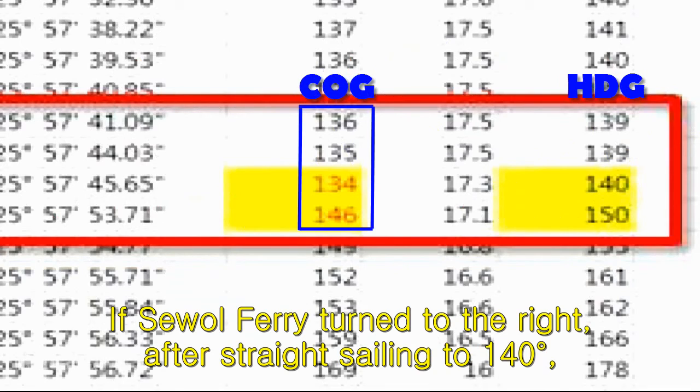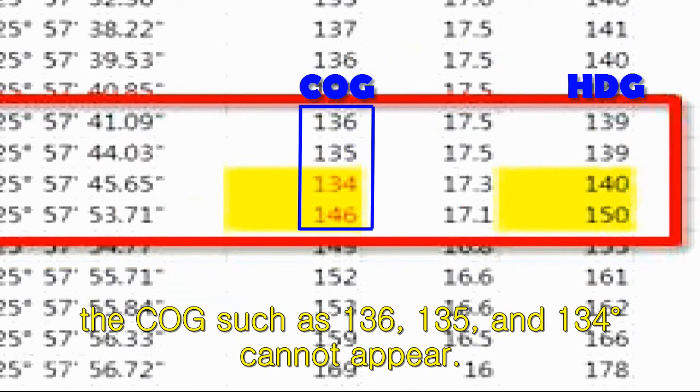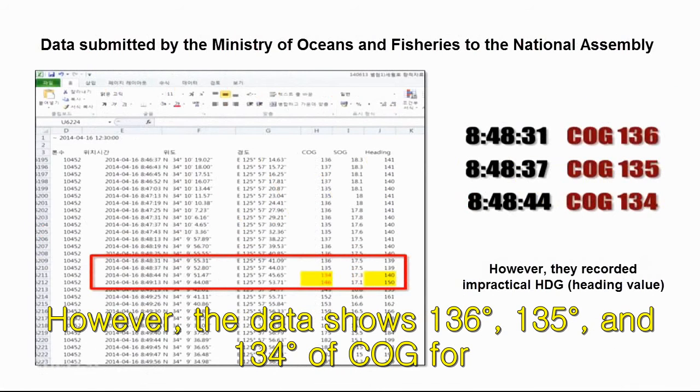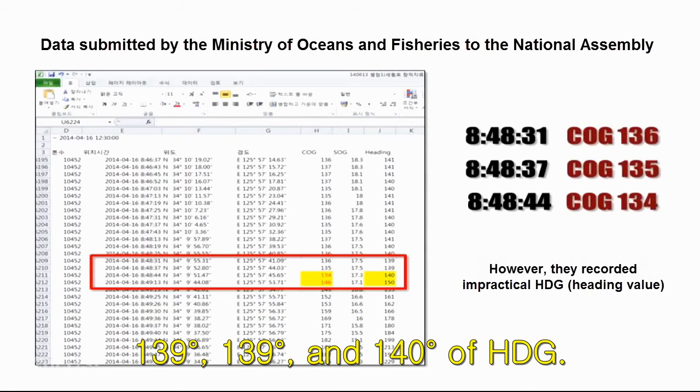If Sewol Ferry turned to the right after straight sailing to 140 degrees, the COG such as 136, 135, and 134 degrees cannot appear. However, the data shows 136, 135, and 134 degrees of COG for 139, 139, and 140 degrees of HDG.